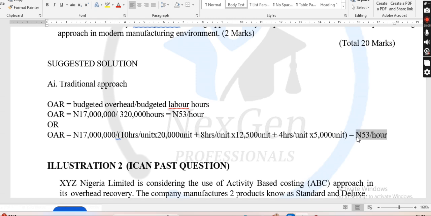This is what they will charge to their overhead, 53 naira per hour. And they absorb their overhead on the basis of what? Labor hours, right? And this is the unit cost. So we move on.